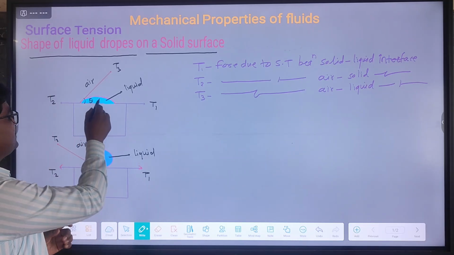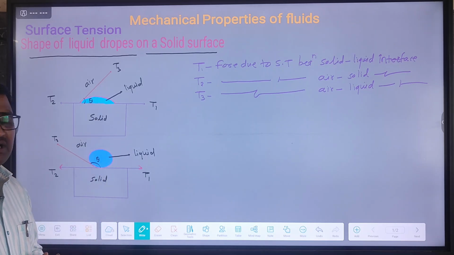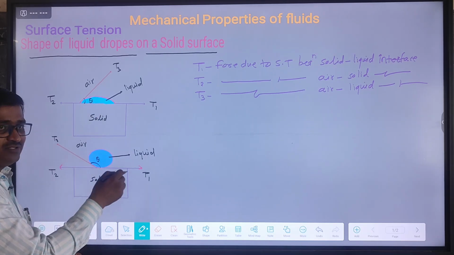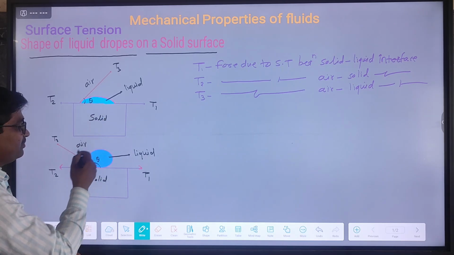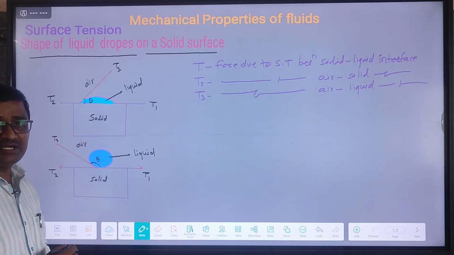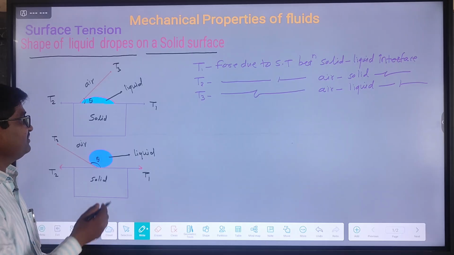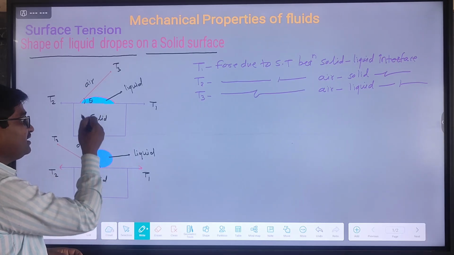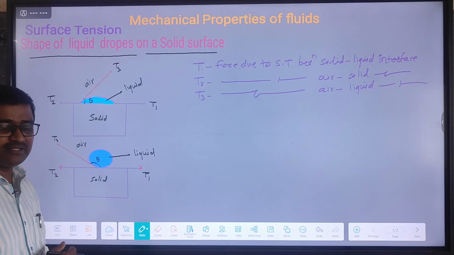Now let's imagine that this is a liquid drop, dropped on the solid surface. When it is dropped on the solid surface, the liquid and solid are in contact together, and likewise the air and liquid, and the air and solid, are also in contact together.